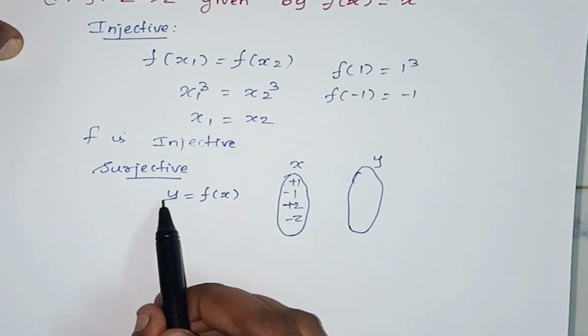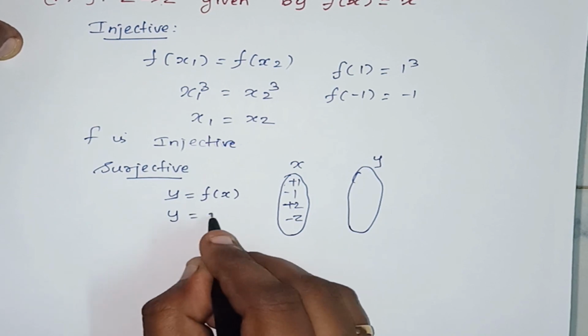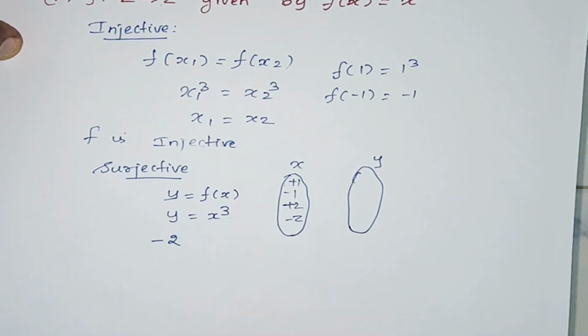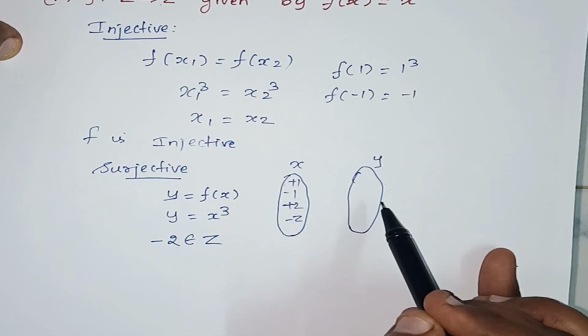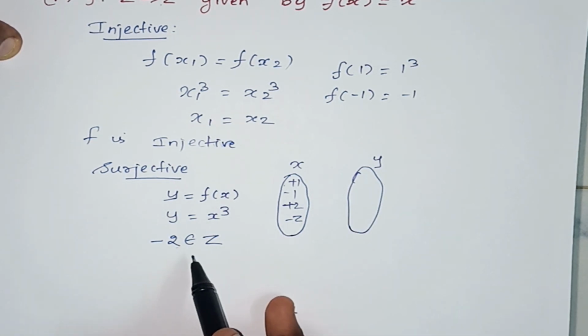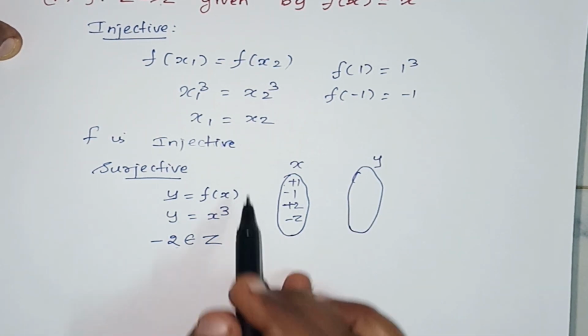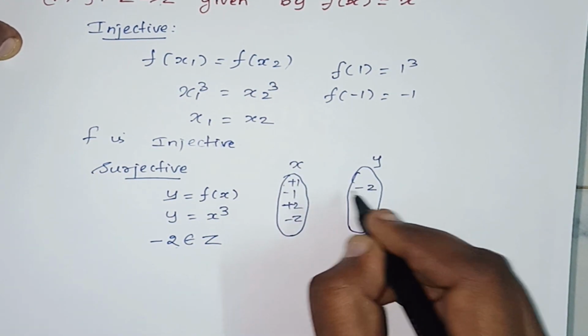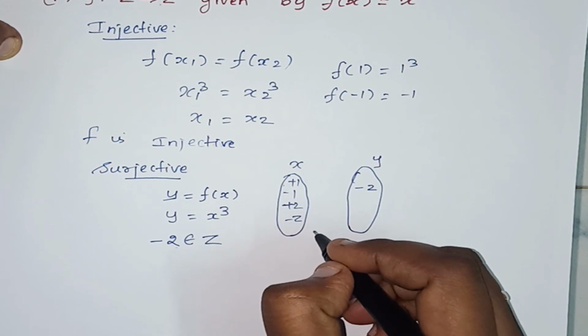Here what is the relation between y and x? y is equal to x cube. So for example, I am taking minus 2. This minus 2 belongs to integers only. So minus 2 should be in y. But minus 2 is not a cube of any other element in x. Right? So minus 2 is not an image of any other element in x.